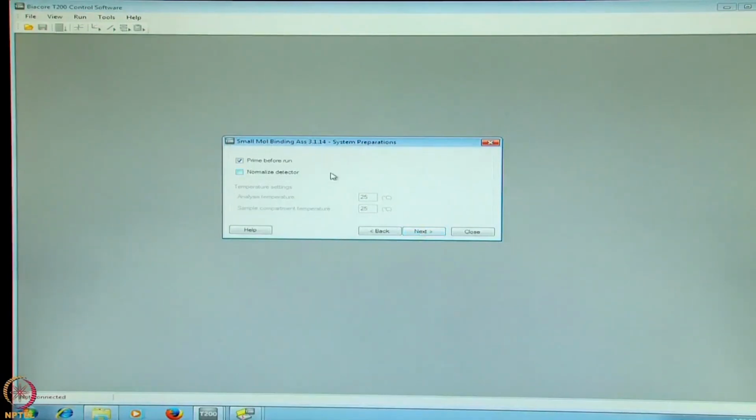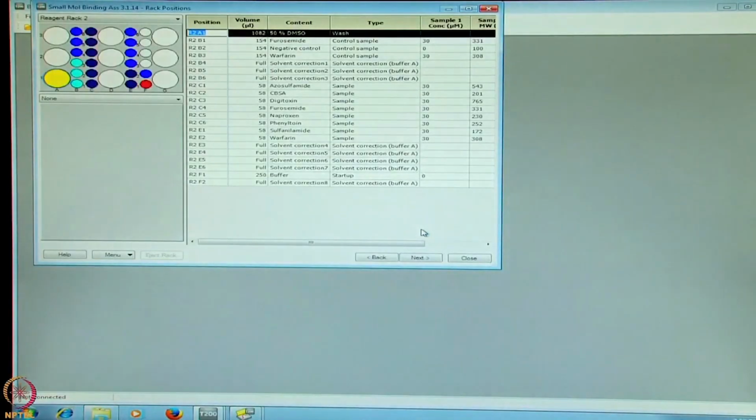Once we are done with that, we highlight prime before run, and this is how we prepare the template for the experiments, with solvent corrections provided, buffer for the startup provided, various samples pipetted out in DMSO, warfarin and furosemide as positive and negative controls, and 50% DMSO for wash in between each cycle.